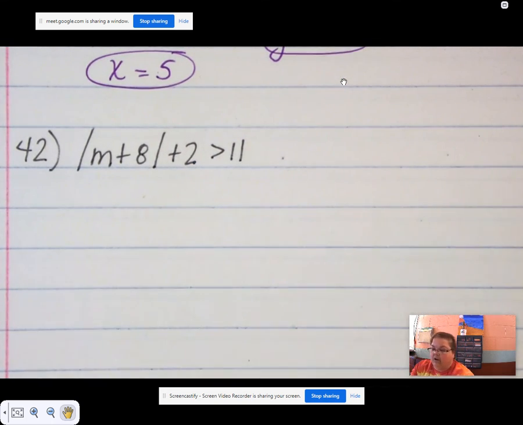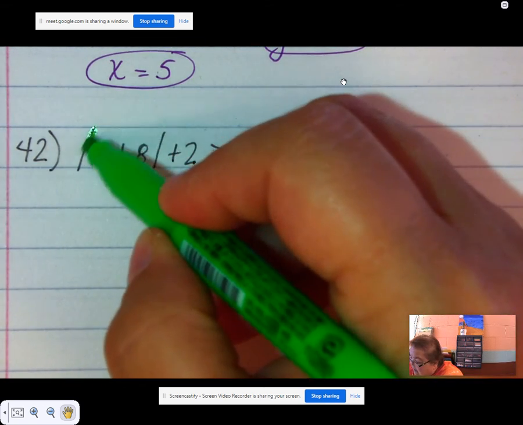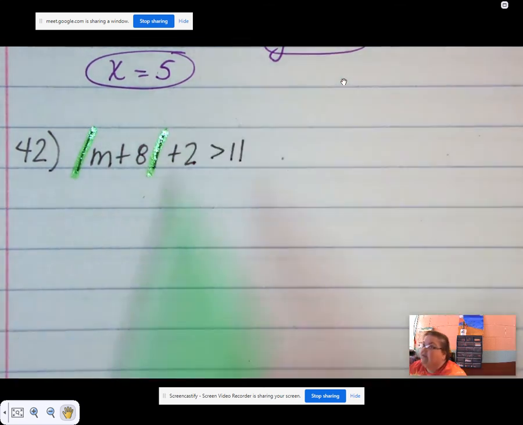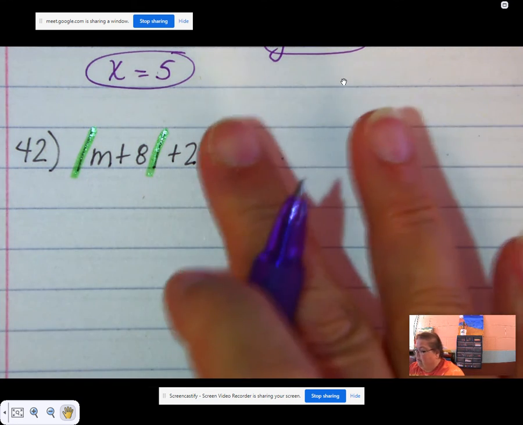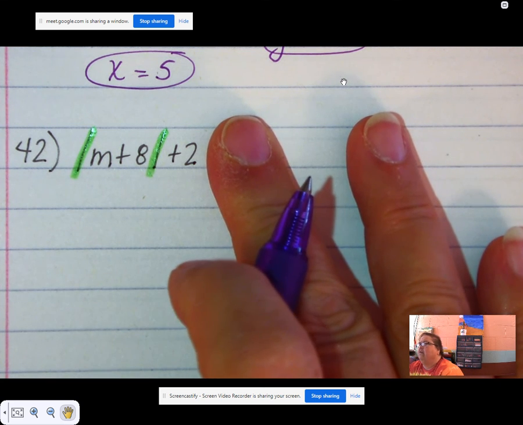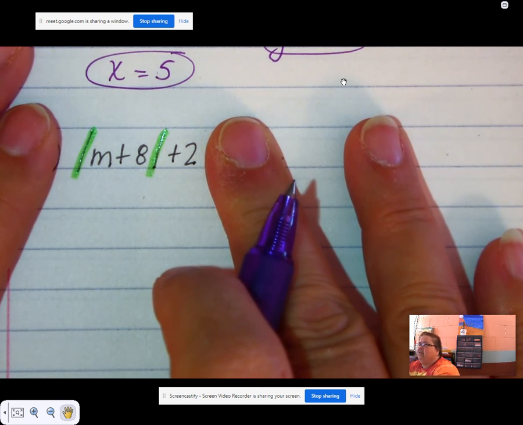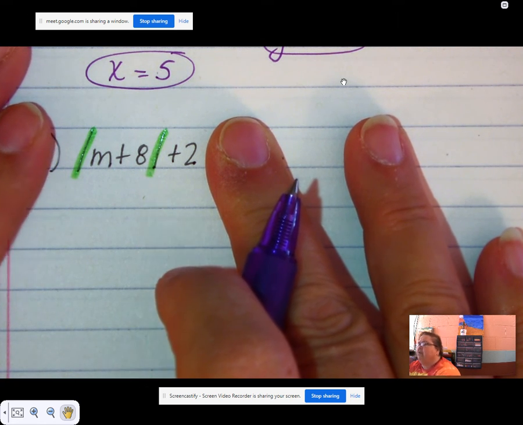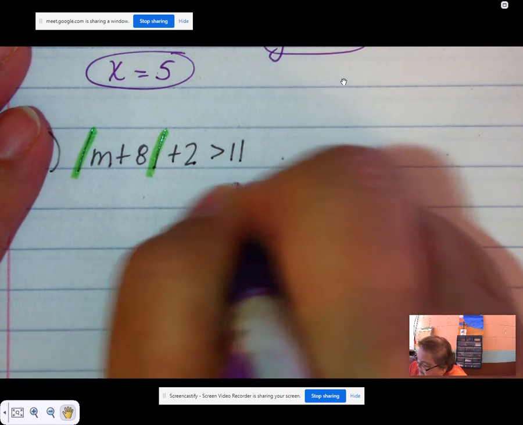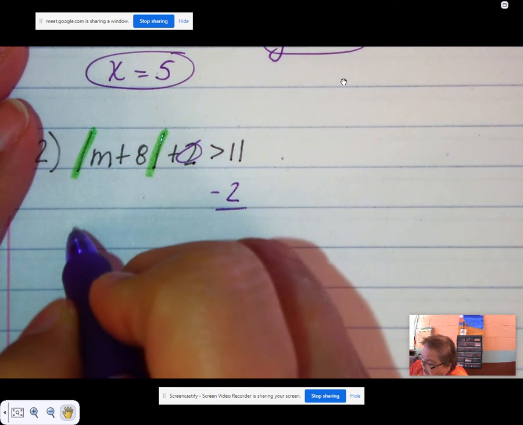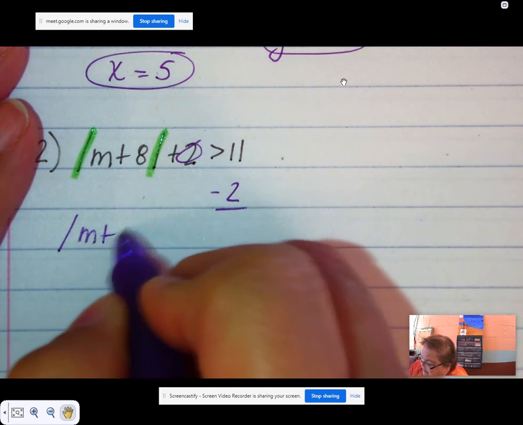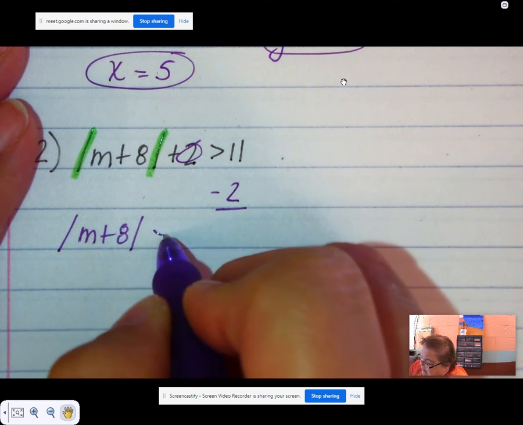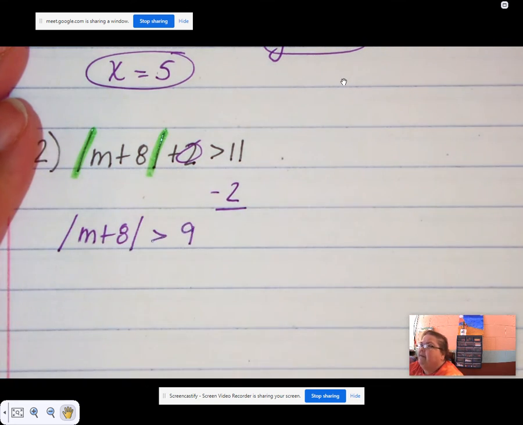In order to solve an absolute value equation or inequality, you have to isolate the symbols. Of course, the other side doesn't count. What is outside those symbols that has to go away? Plus 2. What's the inverse of the plus 2? Minus 2 to the other side. So now I have the absolute value of m plus 8 is greater than 9.